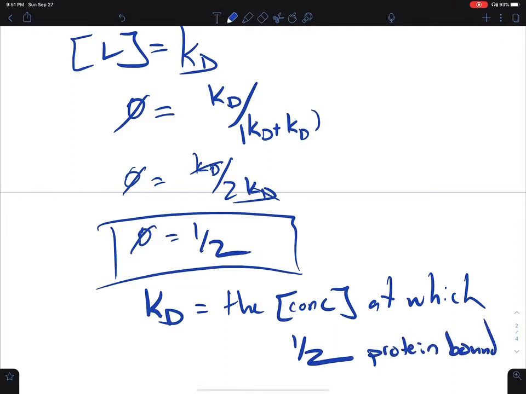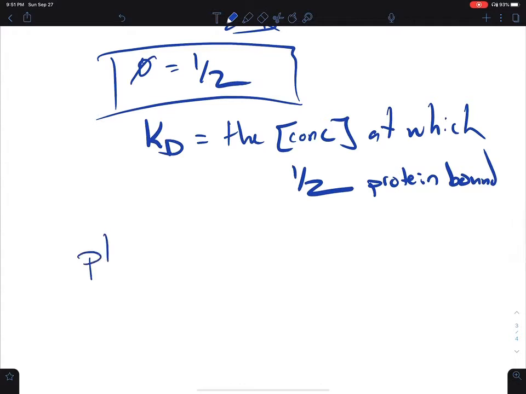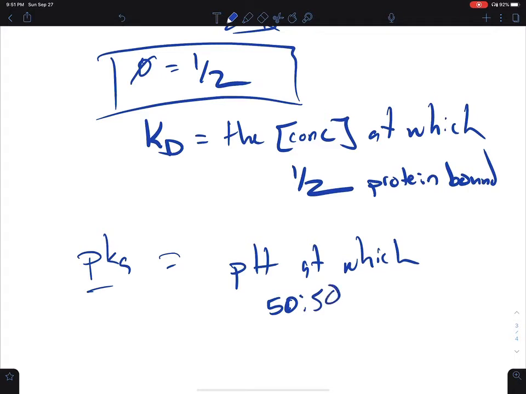Well, this should kind of look familiar, right? What did we define the pKa as in acid-base chemistry, right? The pKa is what? The pH at which you have a 50-50 mix of acid and base, right? And the math here is basically exactly the same.